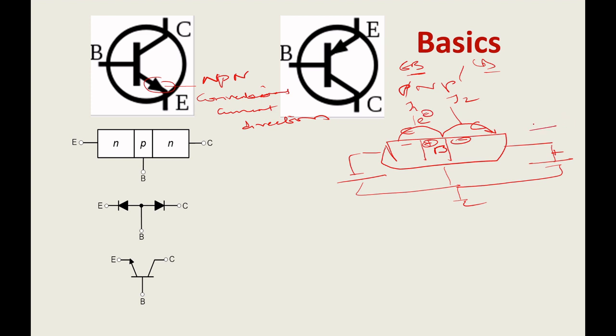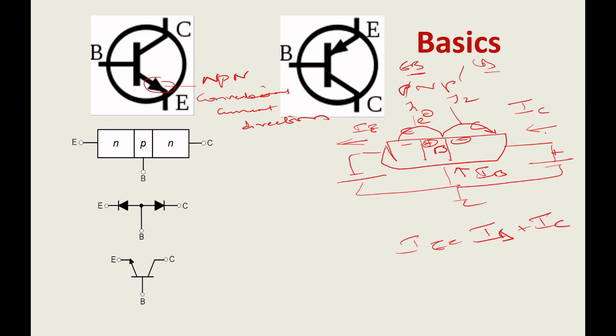But when you go for the conventional current direction, it is just opposite to the electron direction. So that is the conventional current direction, emitter, and this is your base. So emitter current is nothing but the sum of your base current and collector current, my dear students, right?